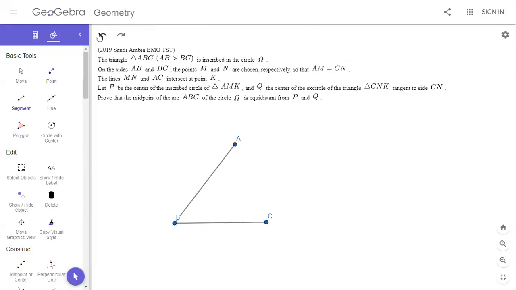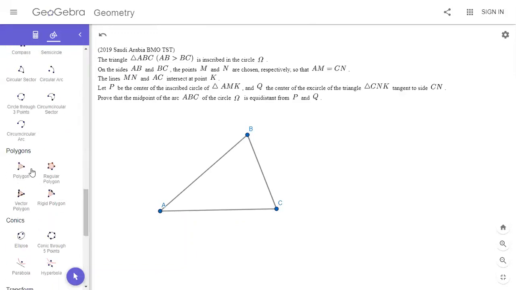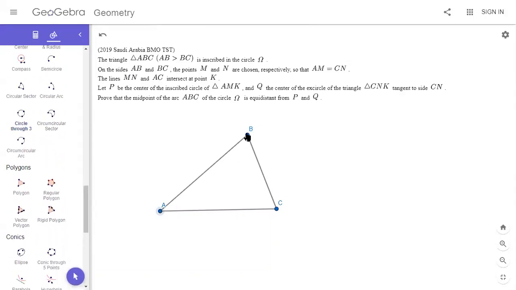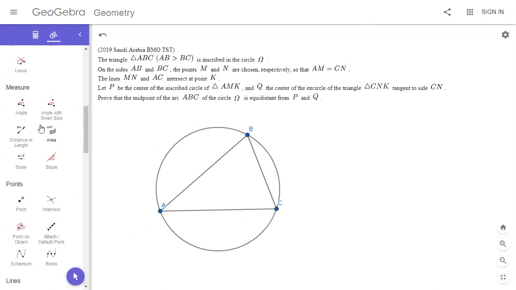Oh, actually, we want B to be at the top, just looking at the way it's phrased. Okay, so like that. So let's draw the circumcircle. AM is equal to CN.